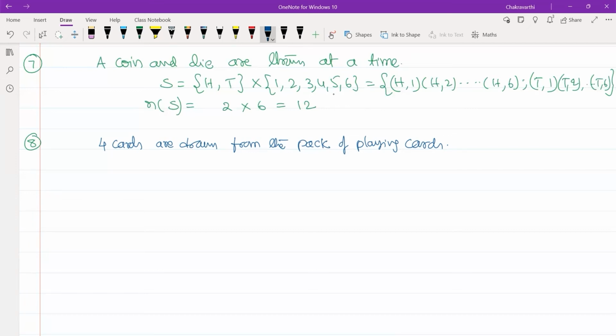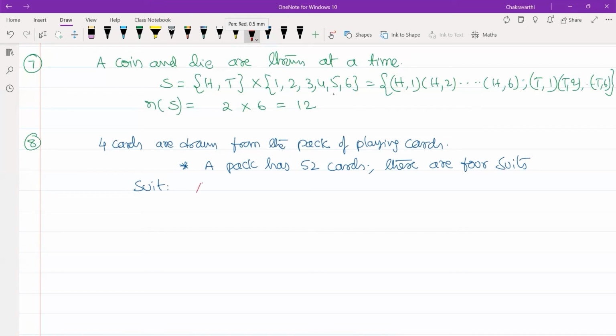Now, I will give a brief description of these packs. You know it very well, but I am giving it a different way. A pack has 52 cards. There are 4 suits. Suit means the type of pack.